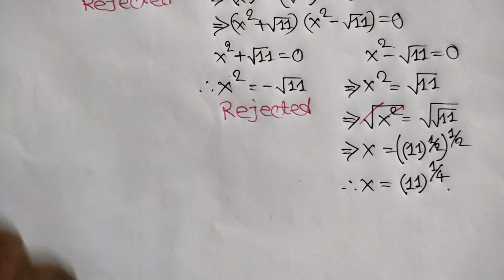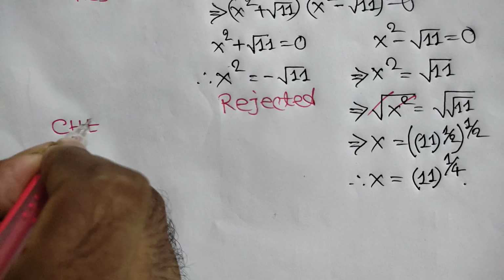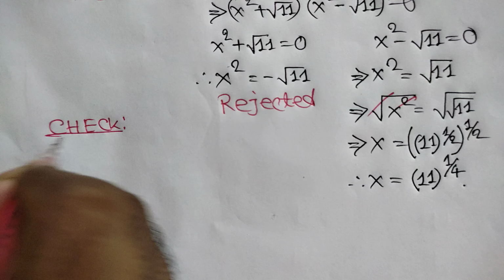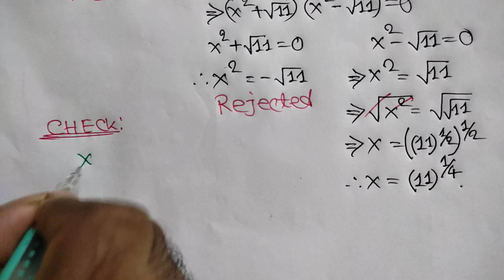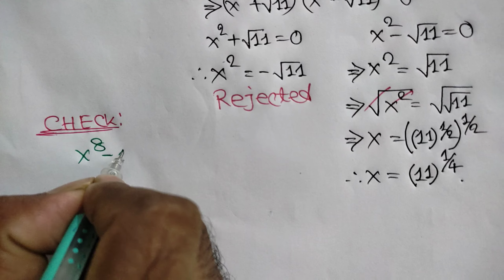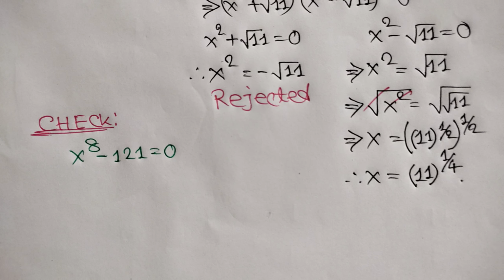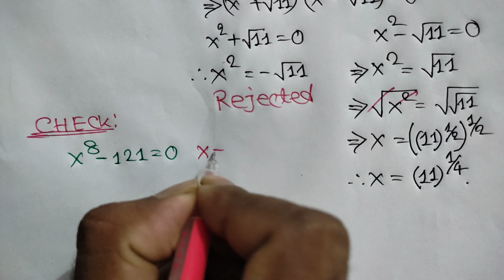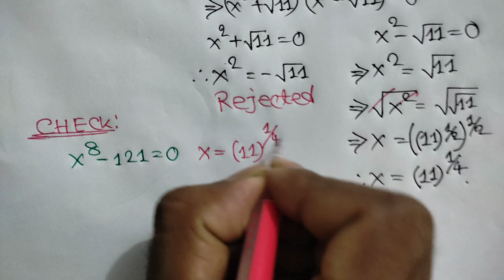Now check. Our question has given x to the power 8 minus 121 is equal to 0. Here x is equal to 11 to the power 1 over 4.